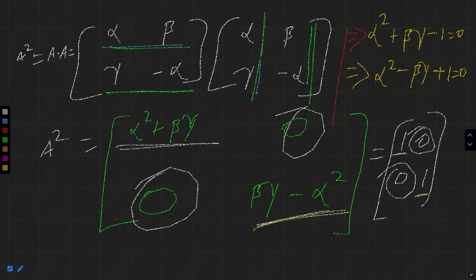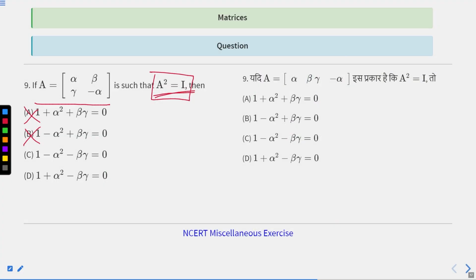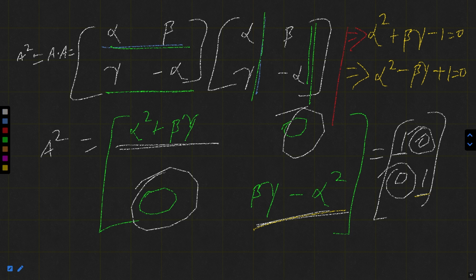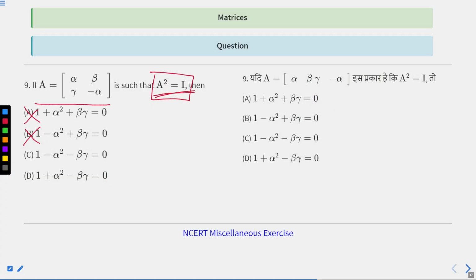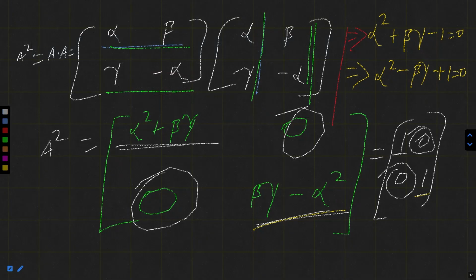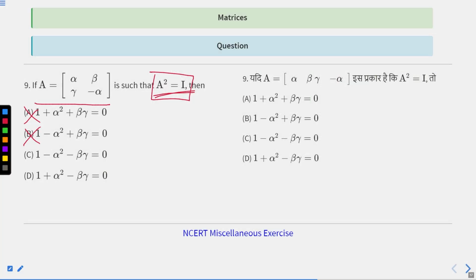Now 1 plus alpha square minus beta gamma, also no. And 1 minus alpha square minus beta gamma is equal to 0.